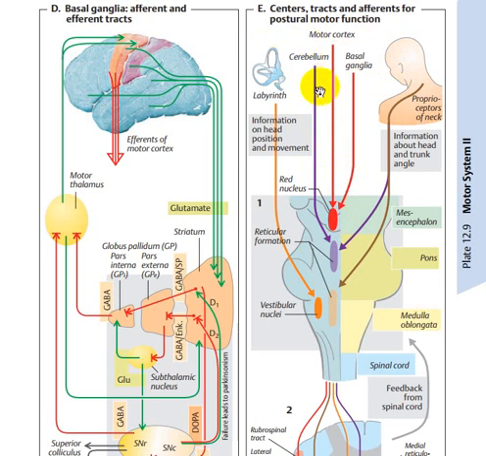The cerebellum is going to synapse at the level of the medial and the lateral reticular formation. The proprioceptors of the neck also synapse at the medial and lateral reticular formation, and lastly, the labyrinth, which comes from the ear, synapses at the level of the vestibular nuclei.